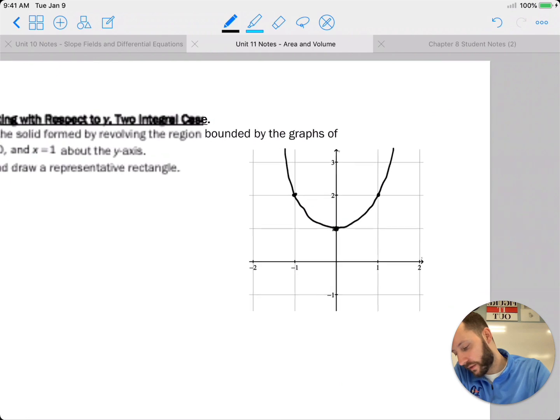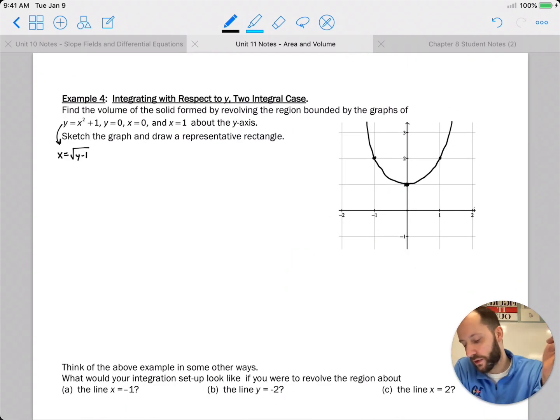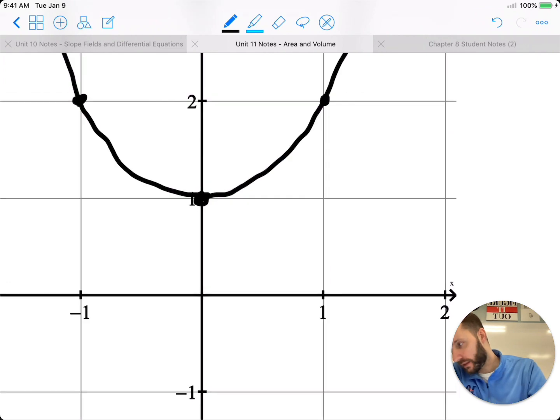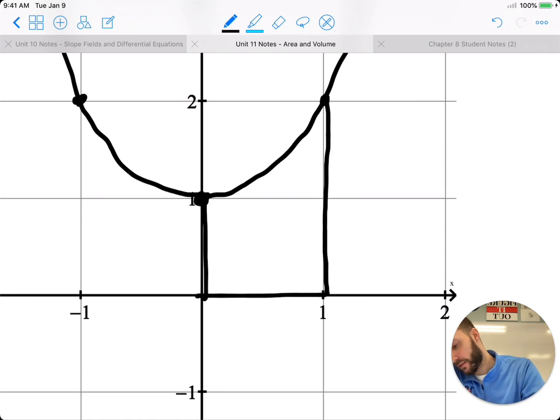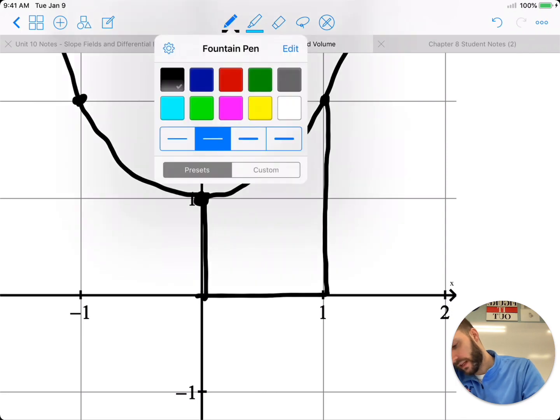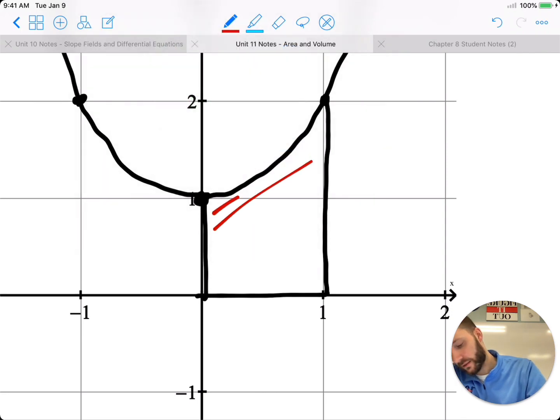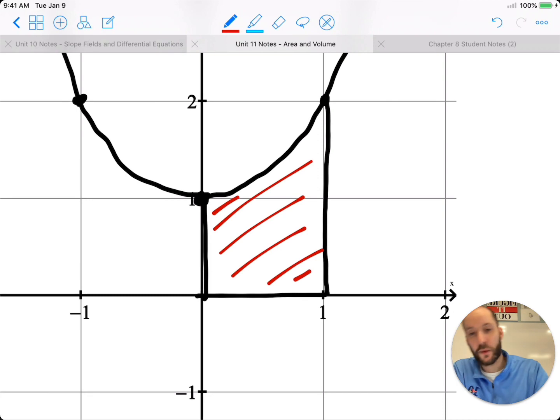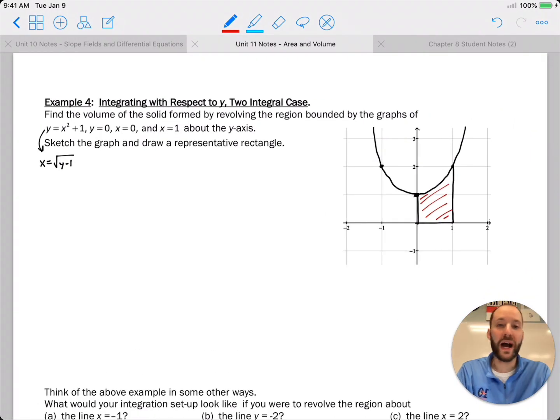We have y equals 0, x equals 0, and x equals 1. So the x and y axes, and then x equals 1. So here, here, and there. And that's our region that we're going to revolve about the y-axis.